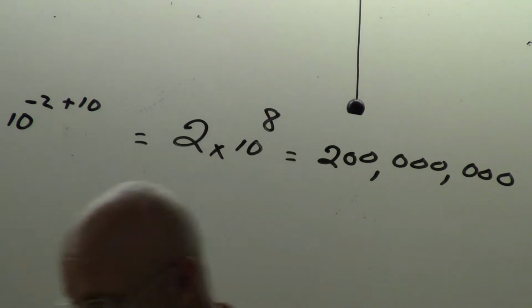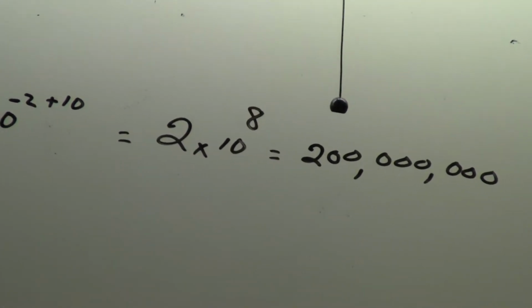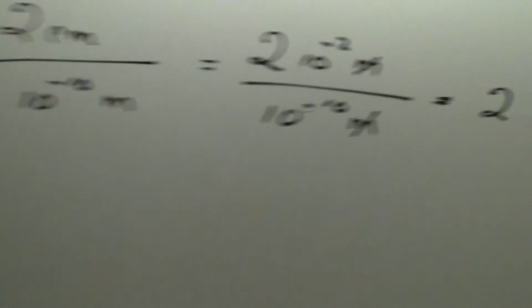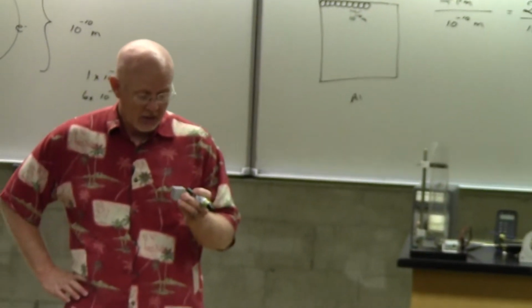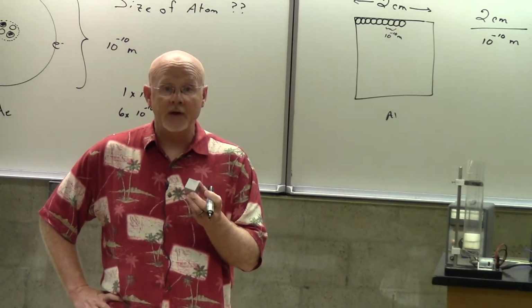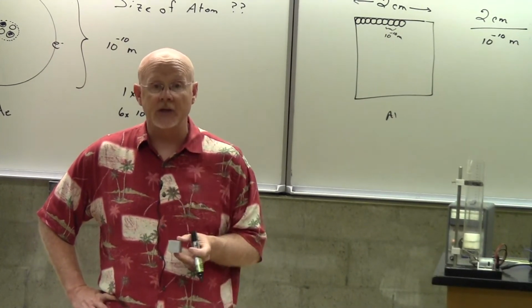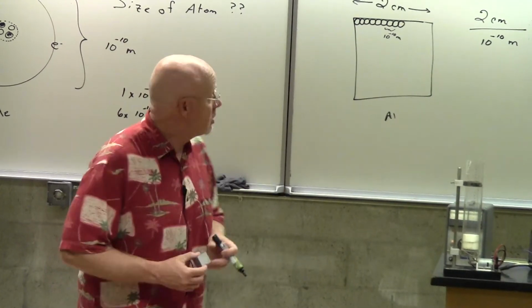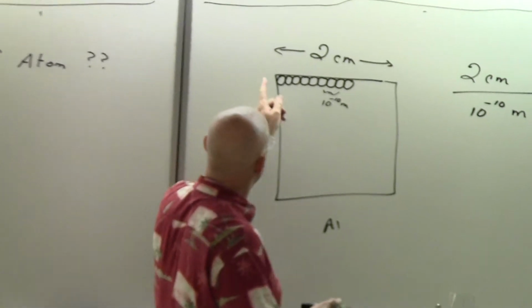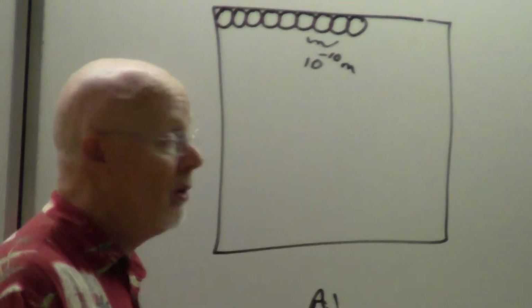And so, again, not really knowing much more than the roughly size of this box, I could tell you how many atoms are in the face, because the size of the aluminum ones are 10 to the minus 10, and the box is just 2 centimeters wide. So this would tell me that 200 million atoms fit across in that first row.